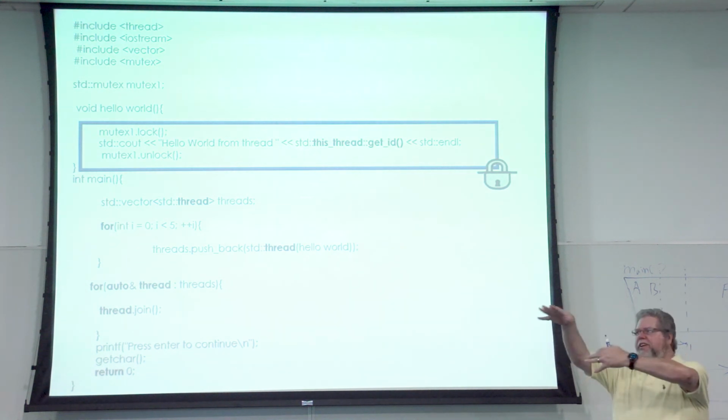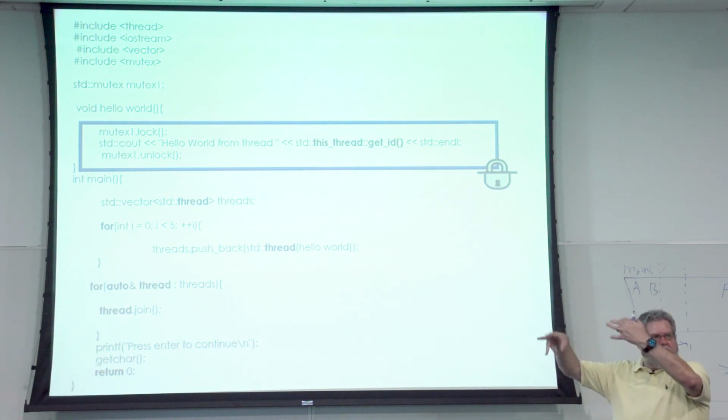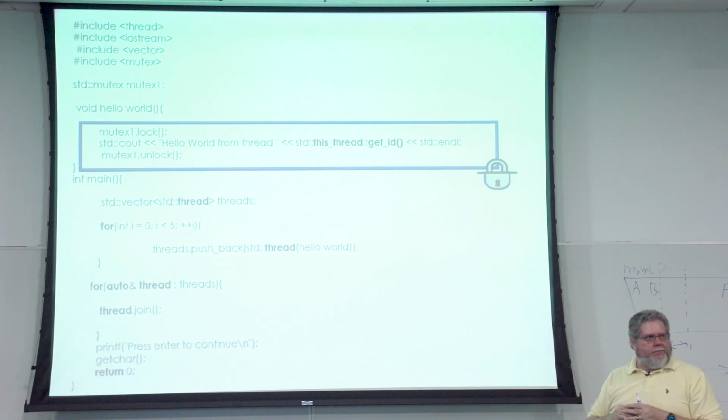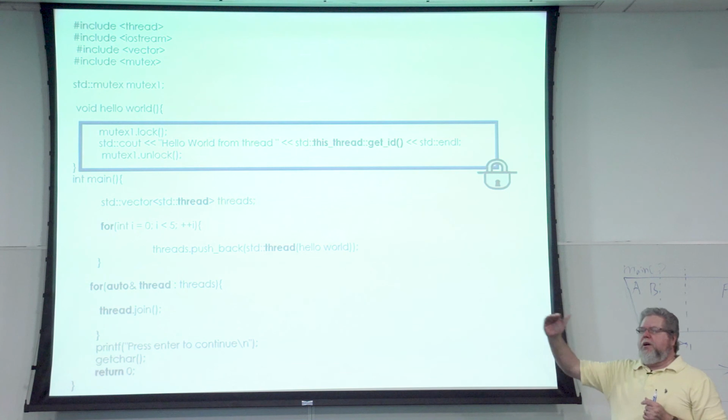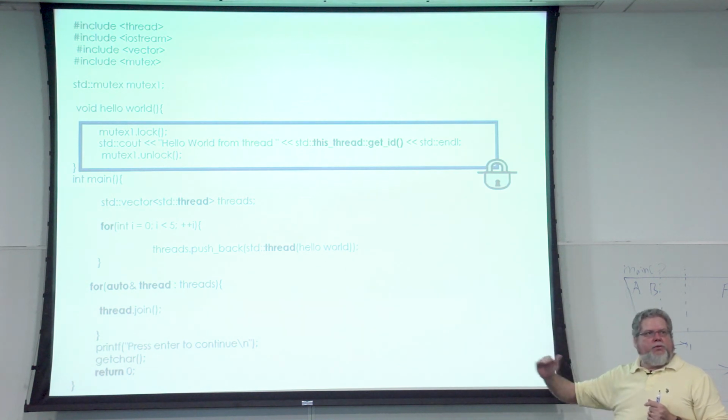So all the lines will get jumbled and mixed between each other. Okay? It'll look like gobbledygook. Right? It's all messed up. We're going to use a lock to synchronize it so that each line prints out the way that it's supposed to.